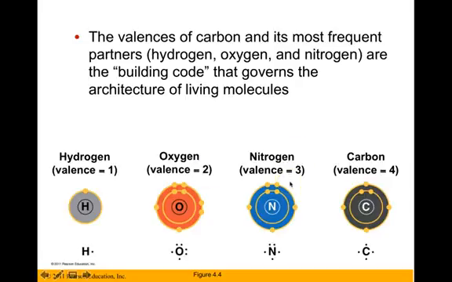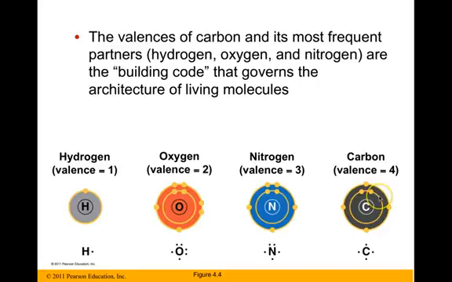Nitrogen has second energy level or second shell as its outermost shell, and it requires 3 more because it has only 5. And we talked about carbon already. Carbon has second shell, which is energy level, just like oxygen and nitrogen, and it should contain 8 to fill it to the max, but it has only 4, so it needs 4 more electrons.